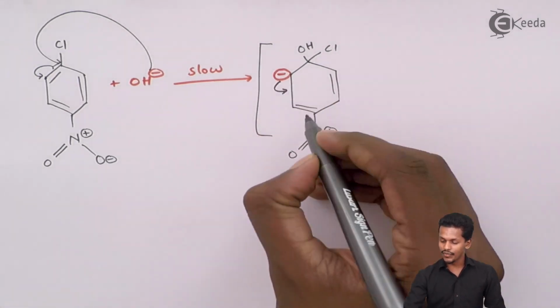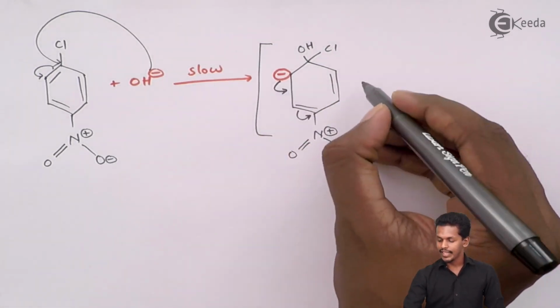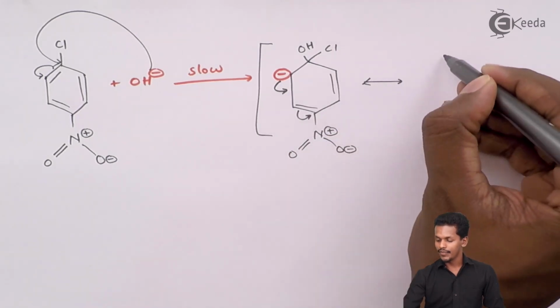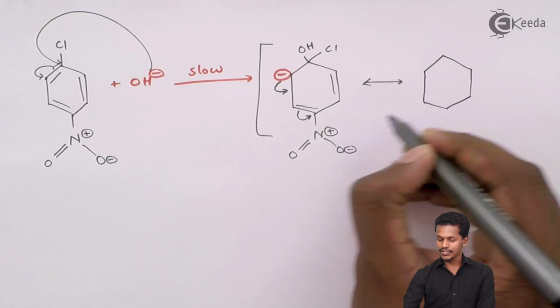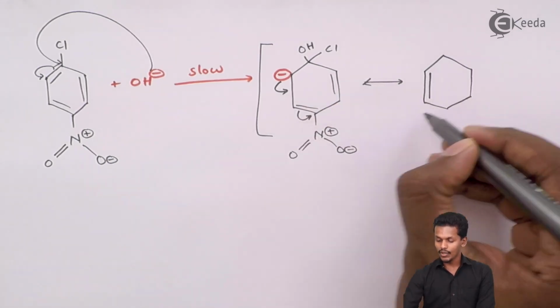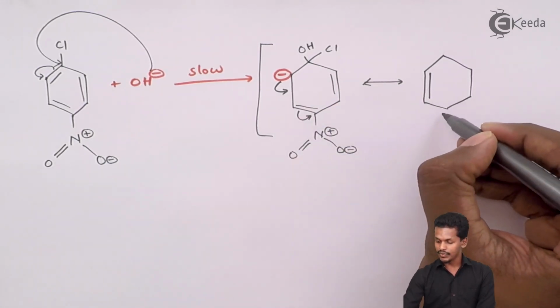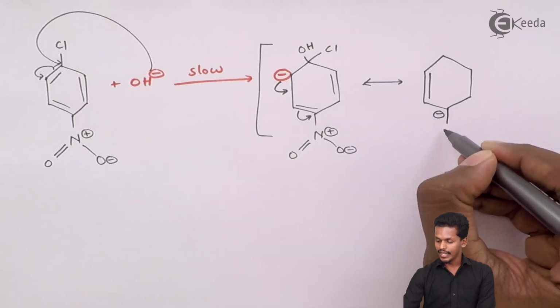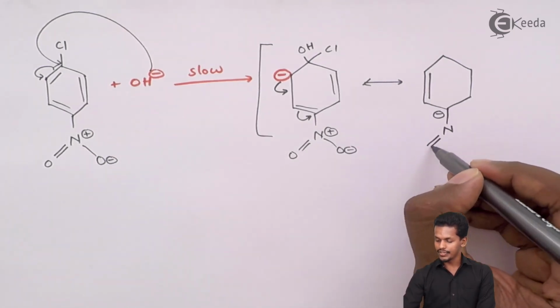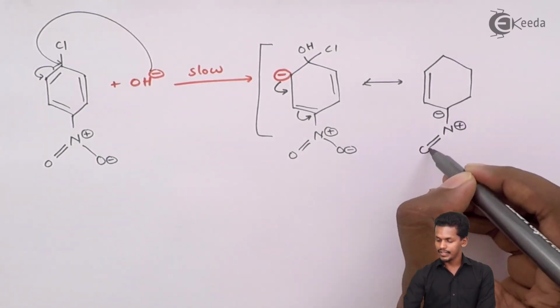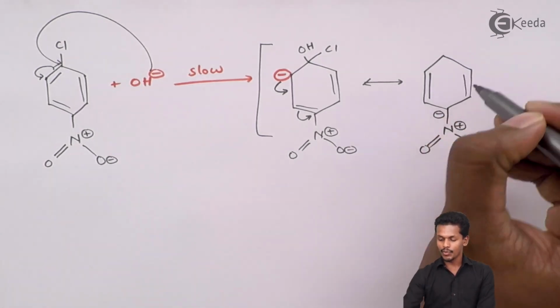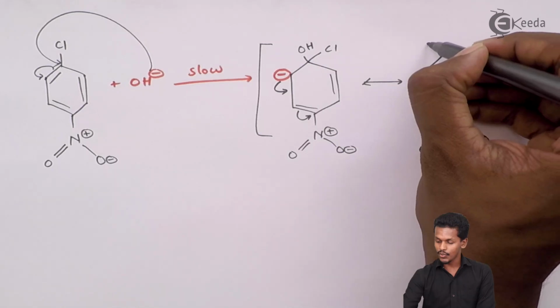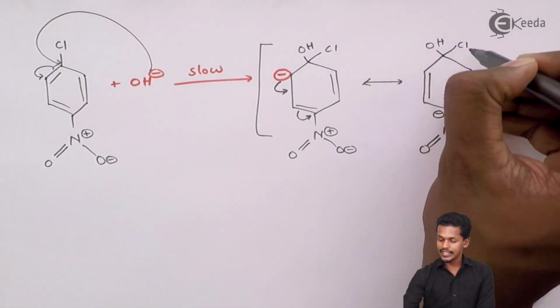And this is the shifting of electrons that takes place over here, and somehow we could get the structure where there will be a negative charge over here, so let me represent it here itself. And now this is nitrogen, which is positive over here. And again, this is a double bond that is present over here, and here it is OH, and along with that this is Cl.